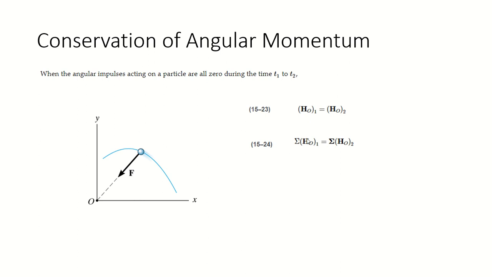So the sum of the angular momentum in condition 1 is equal to the sum of the angular momentum in condition 2, because our impulse is completely zero over that tiny time interval.